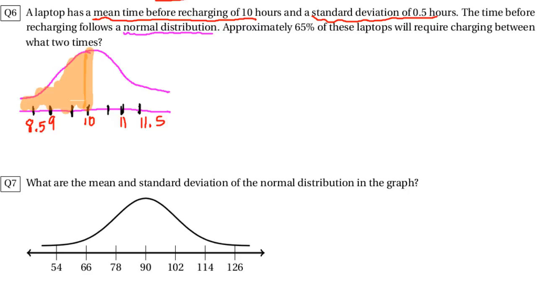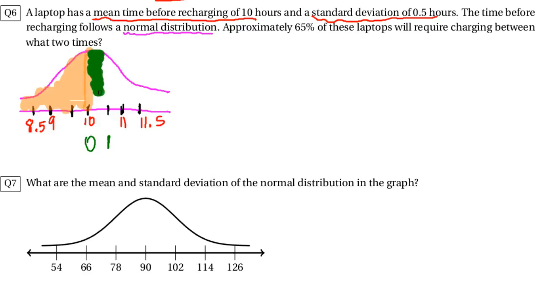If I were to change these to z-scores, remember a z-score of 0 would be right here in the middle. Now, if I go right here to a z-score of 1, this z-score of 1 would give me 50% plus what I'm about to highlight in green right here.